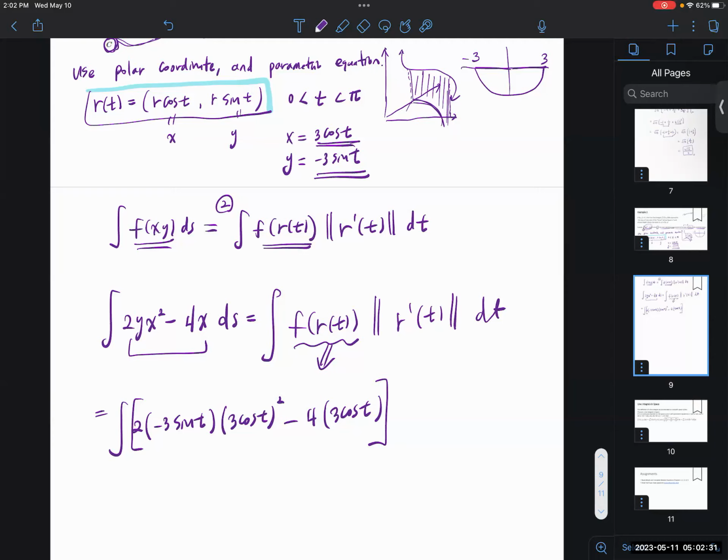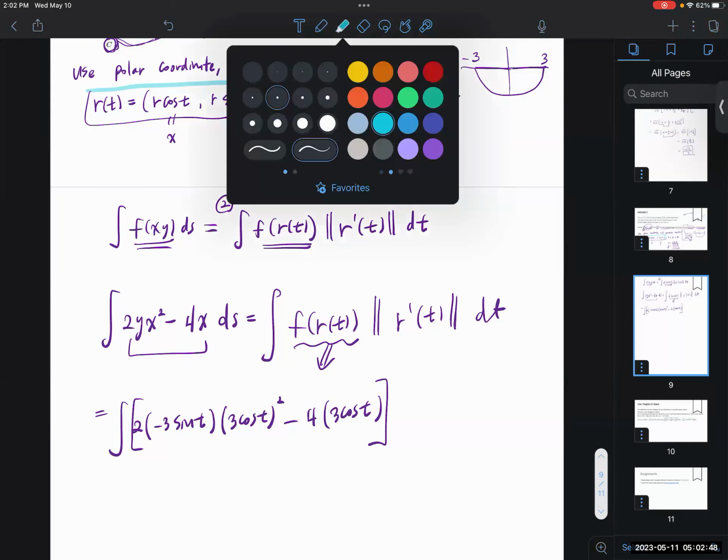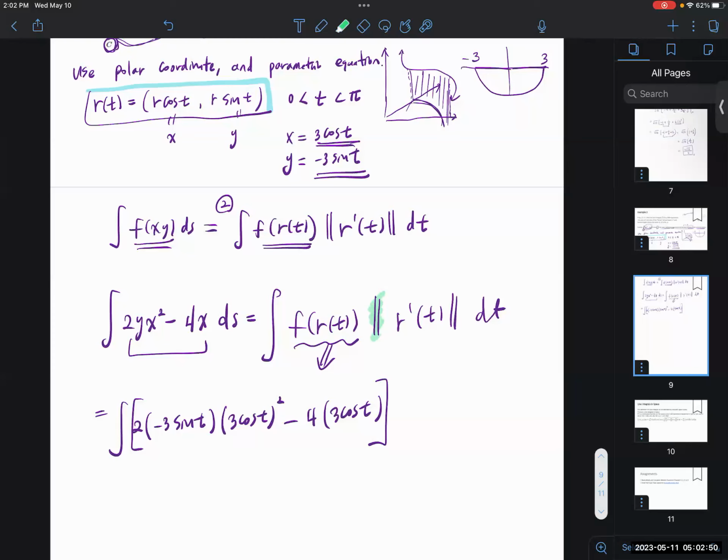The derivative of the r equation. I'm going to take the derivative, okay? And just remember, many people forgot what that symbol means. Do you remember? This is magnitude. That means magnitude.